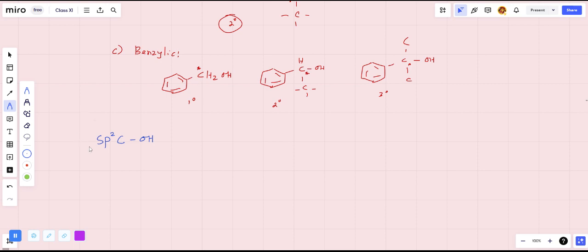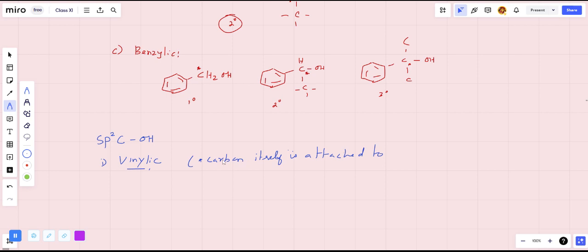So this is vinylic. Here the star carbon itself is attached to a double bond.